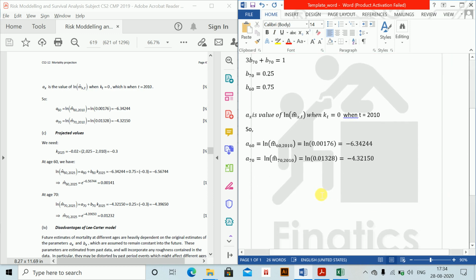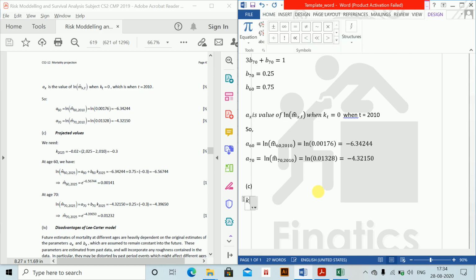The last part is projected values. Only this part again has numerical portions. k2025 is equal to minus 0.02 into (2025 minus 2010), which is equal to minus 0.3.